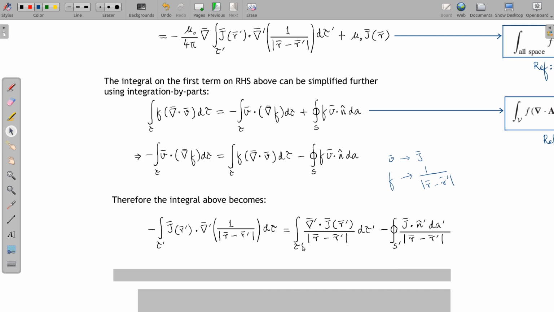So the volume integral was carried over the volume tau prime, and S prime was the bounding surface of tau prime. So this integral on this side gives you these two terms.